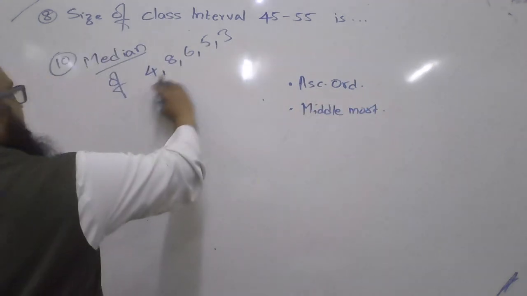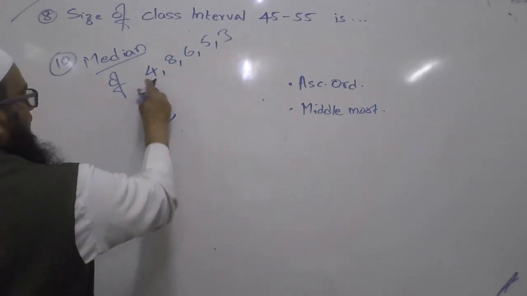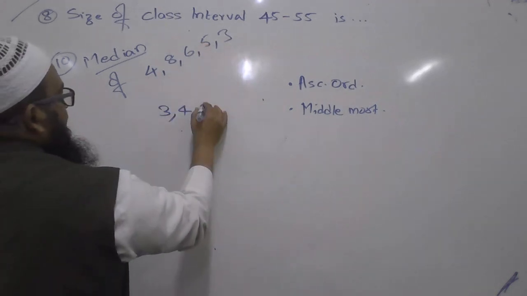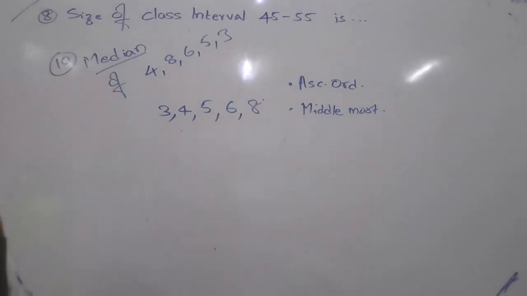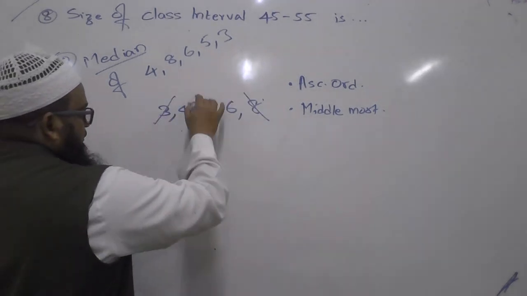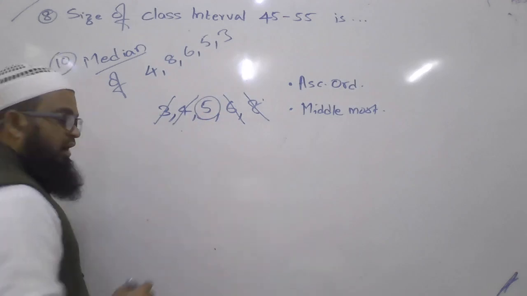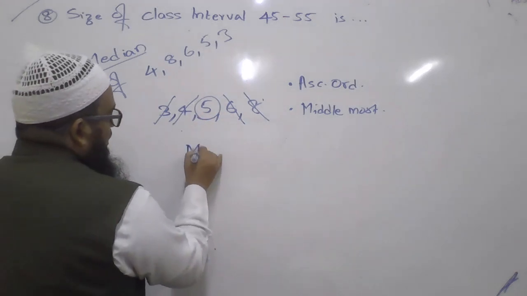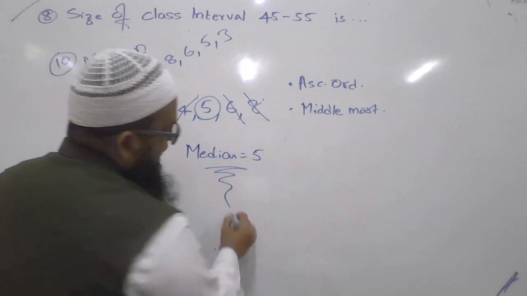Arranging in ascending order means the smaller one first: 3, next 4, next 5, next 6 and 8. Now find the middlemost. So cancel first and last, second and second last. So what is remaining? 5. Therefore, median is equal to 5.